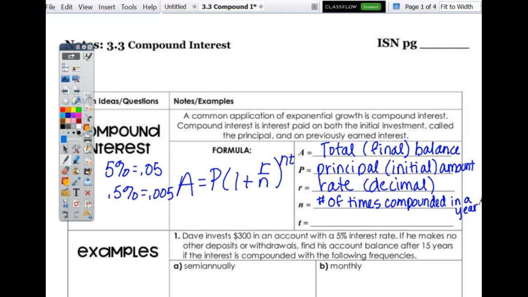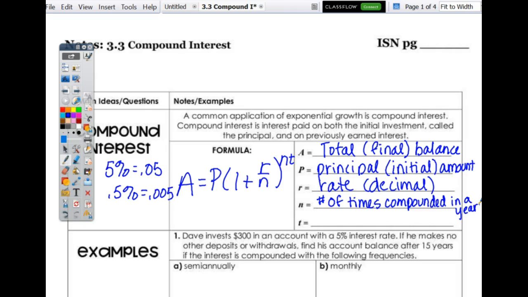If I said it was compounded bi-weekly, that has nothing to do with 365 days. How many weeks are in a year? 52. So if there's 52 weeks in a year, and if I said it's every other week, it would be 26. So N is the number of times per year it's compounded.